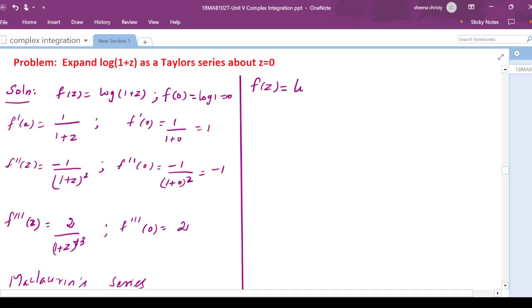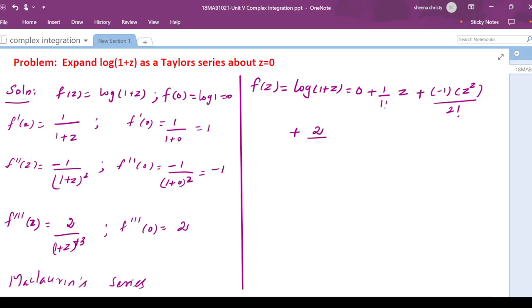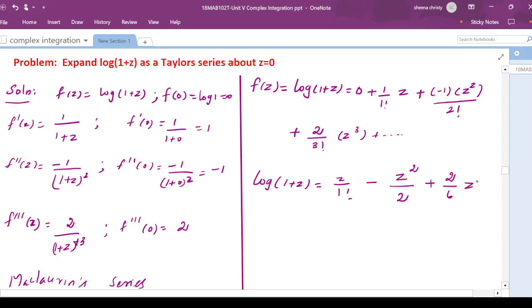It is log of 1 plus z equal to f of 0, which is 0, plus f dash of 0, which is 1 by 1 factorial into z minus 0, that is z, plus f double dash of 0, which is minus 1 into z minus 0 the whole square divided by 2 factorial, plus f triple dash of 0, which is 2 divided by 3 factorial into z minus 0 the whole cube, etc. So the expansion of log of 1 plus z is equal to z by 1 factorial minus z square by 2 factorial, and plus 2 by 6 into z cube, etc.